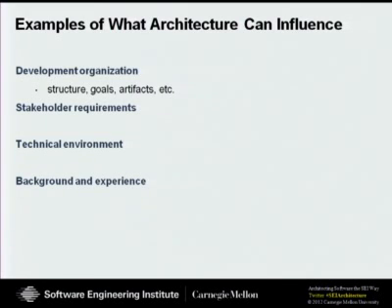So a successful architecture might cause the development organization to move into developing other similar systems because of the success of the first architecture. A failed architecture might cause a development organization to move away from developing similar systems in the future.